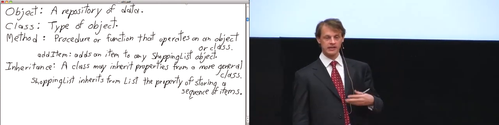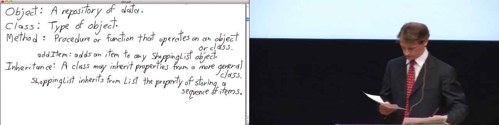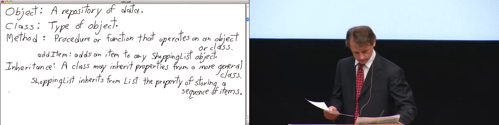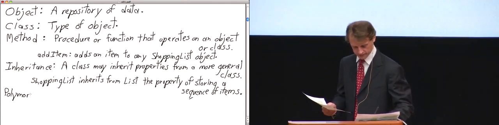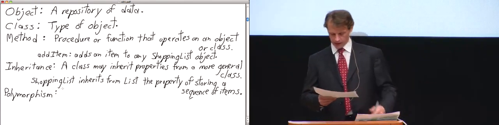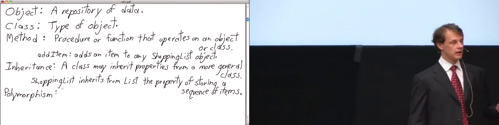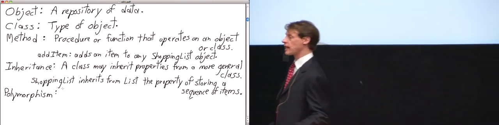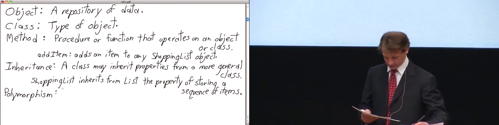Another thing it might inherit is methods that add items to that list. This leads us to what's called polymorphism. And polymorphism means that you can have one method that acts on many different classes of objects, or at least two different classes of objects.